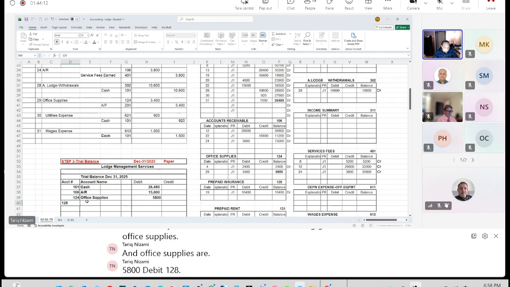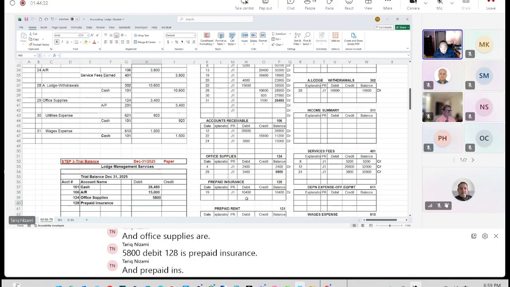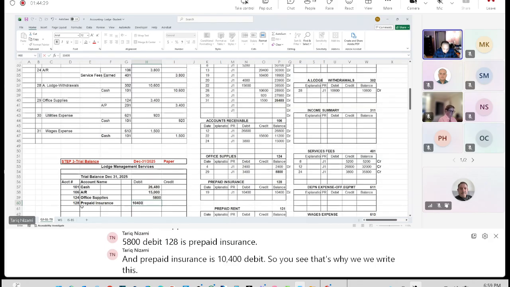128 is prepaid insurance. And prepaid insurance is 10,400 debit. So you see, that's why we write this.